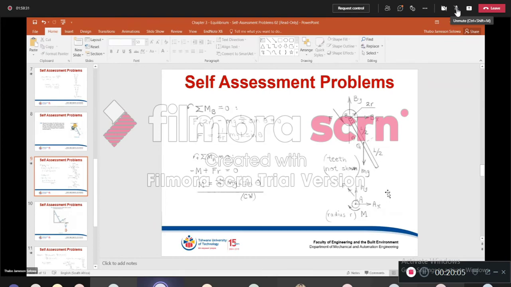When they take moments here, they've identified the sum of moments at B will be 0. Remember, we said force with a perpendicular distance.